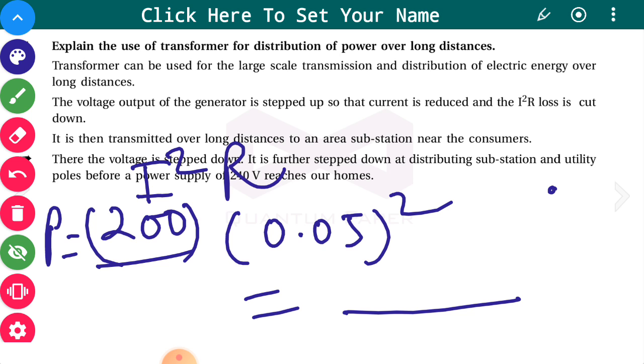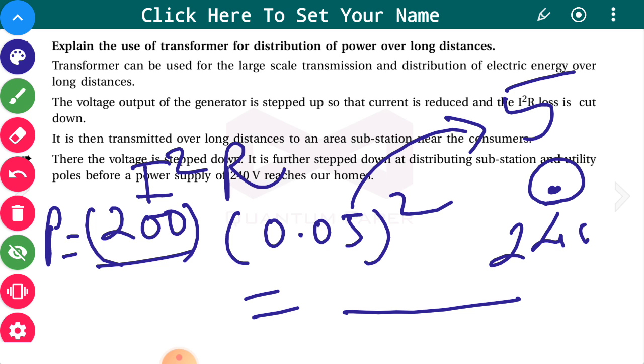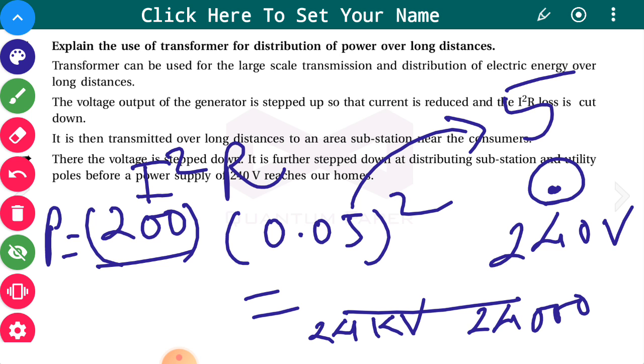And when that power comes to a nearby pole or transformer kept near our house, that transformer will now increase this current to 5 ampere and decrease the voltage to 240 volt from 24000. We watch on poles also the 24 kV line. 24 kV means 24,000 volt line.